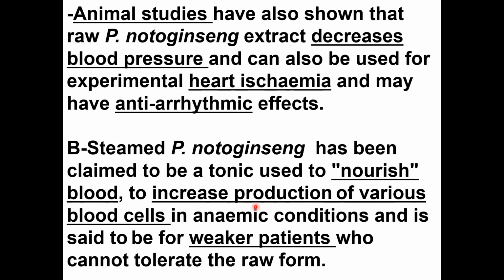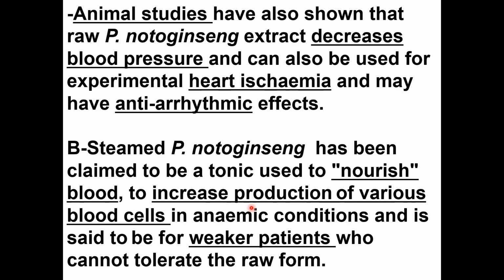Furthermore, the drug was found to decrease blood pressure and can be used for treatment of experimental heart ischemia, and it may have antiarrhythmic effect. This is the raw ginseng.